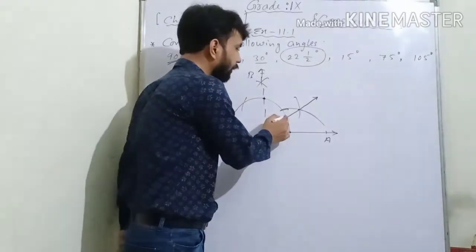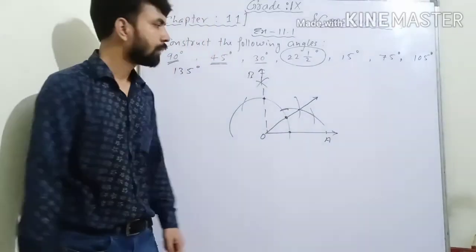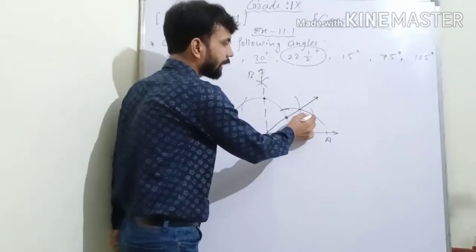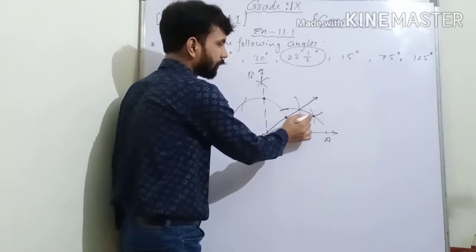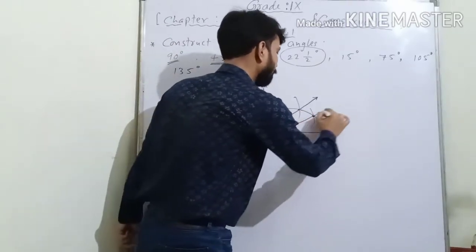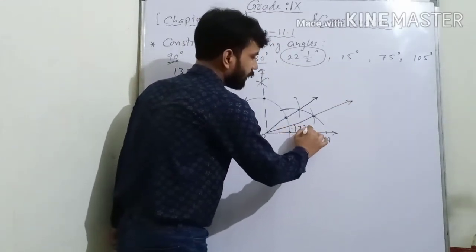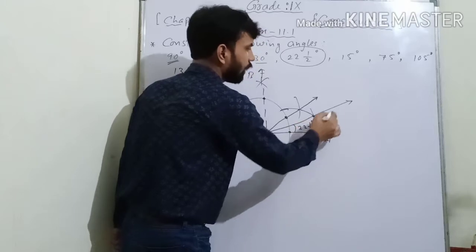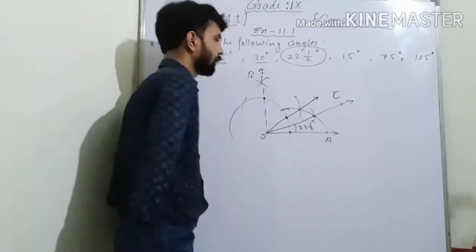Now at this point we will put our compass, construct an arc like this. Where these two arcs intersect, this point and O point we will join with the help of a scale. Now this angle is 22.5 degrees. Consider this point as C.